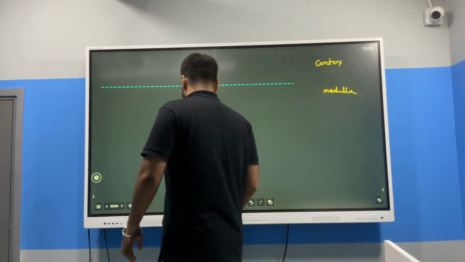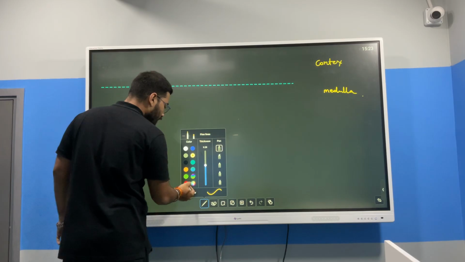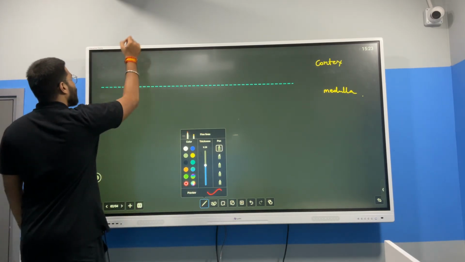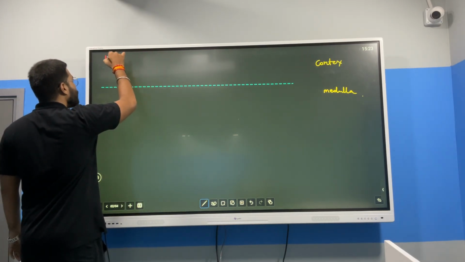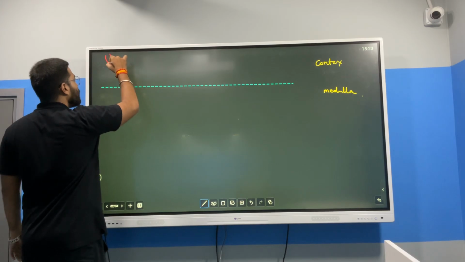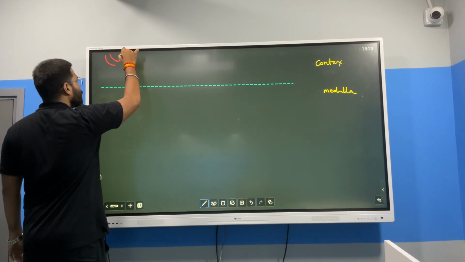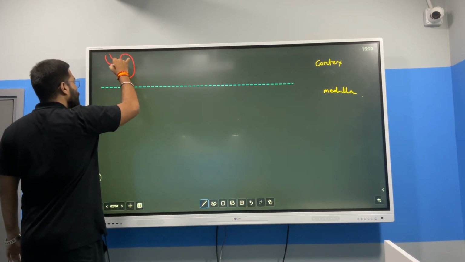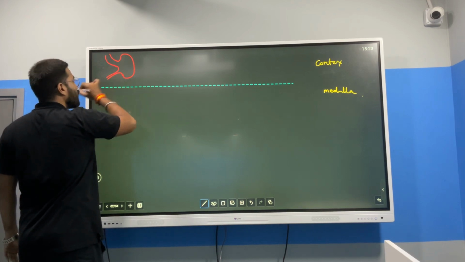Okay. Now, the nephron, as we know, starts with an afferent arteriole, whose diameter is of course more than that of the one going outside, which is known as the efferent arteriole.